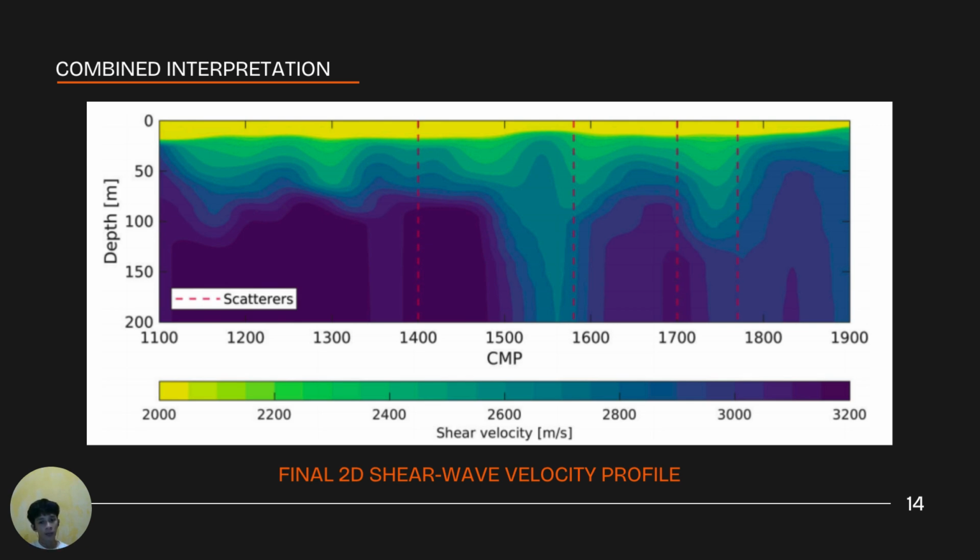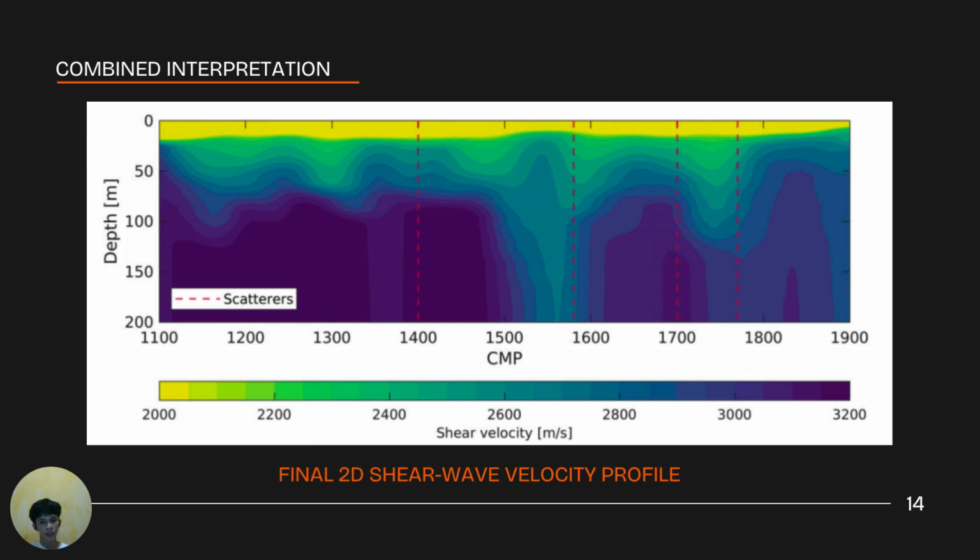So this combined profile revealed high velocity zones at the ends of the line, low velocity anomalies in the center, and several lateral contrasts that may correspond to fault zones or lithological boundaries. The model also showed strong agreement with passive-only results at depth.